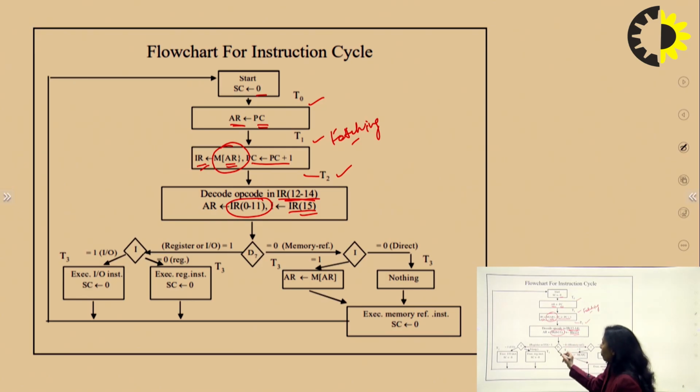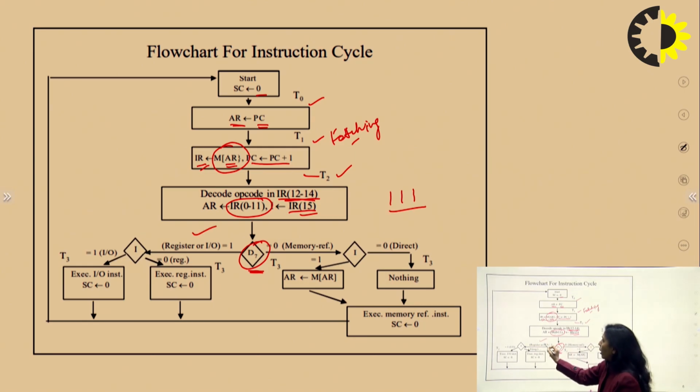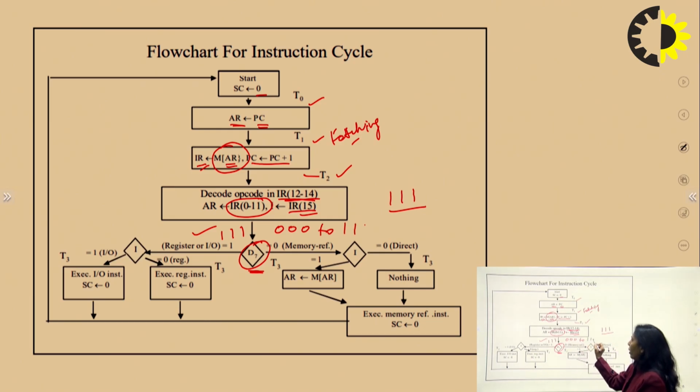Once we are inside, if D7 is 1, that means 111, then it can be register or it can be input-output. This is the case for 111, D7, and this is the case for 000 to 110.